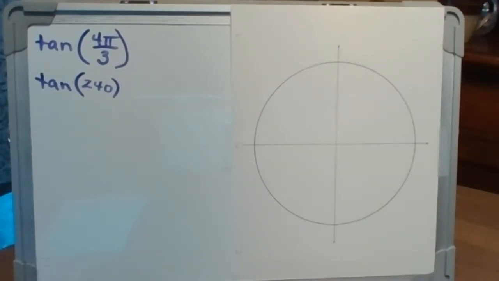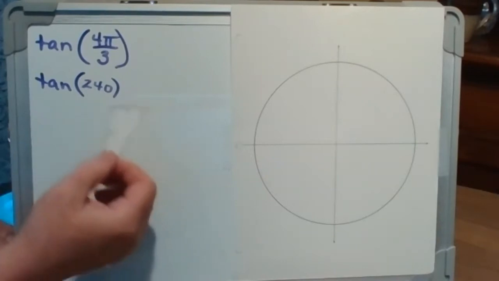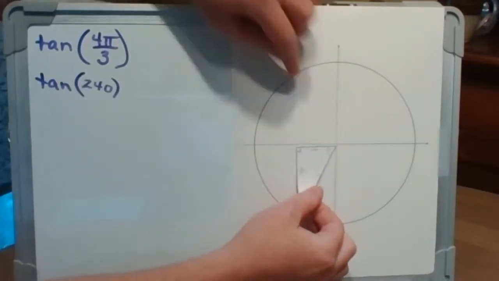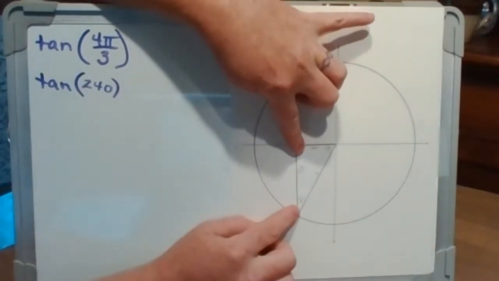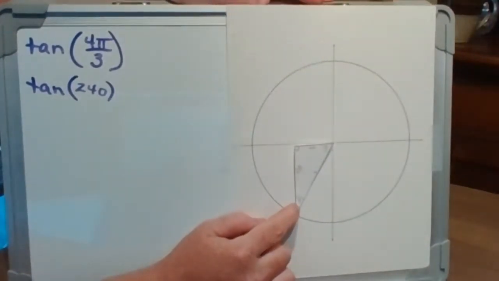Third quadrant. And we've already established it's going to be a 60-degree reference angle. So here's my triangle in this position.